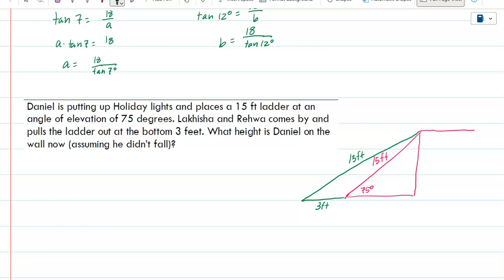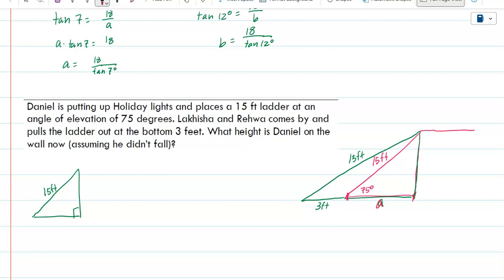So I have 2 triangles. The one that they scooted out, and we know that the hypotenuse is 15. And look at this triangle. It's going to be whatever A is from the pink triangle, this A distance right here, and it's going to be A plus 3.